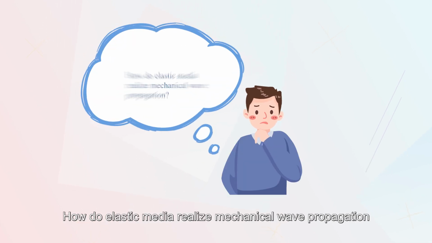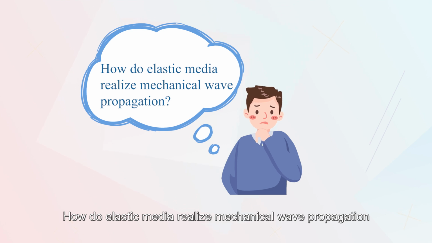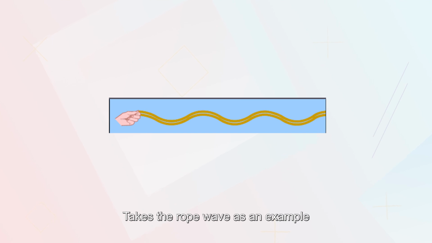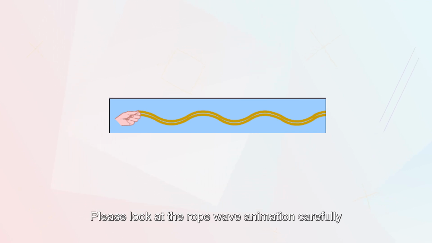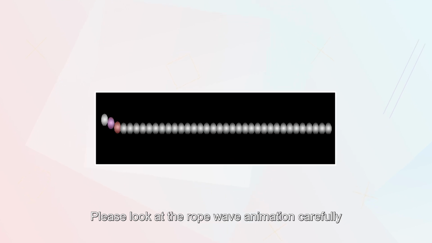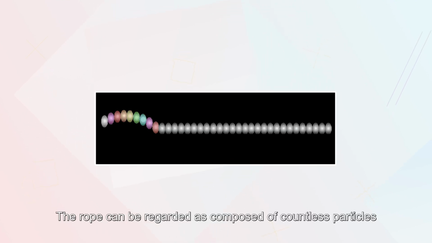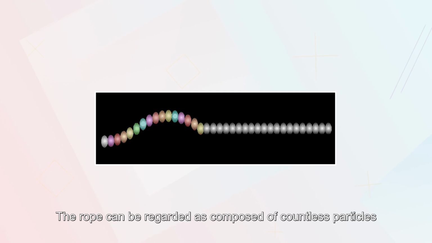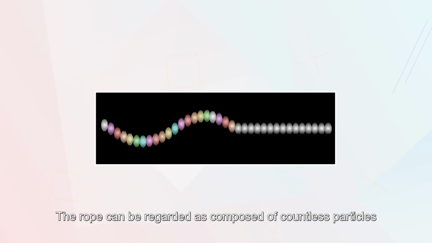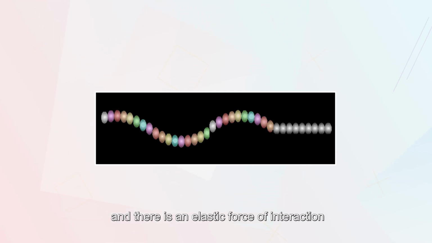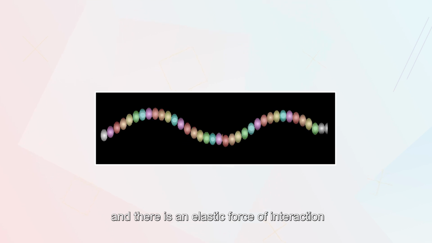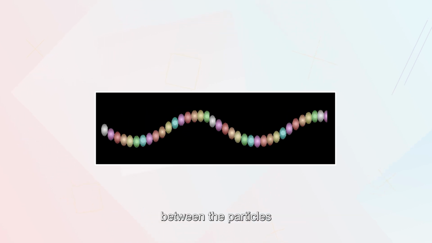How do elastic media realize mechanical wave propagation? Take the rope wave as an example. Please look at the rope wave animation carefully. The rope can be regarded as composed of countless particles, and there is an elastic force of interaction between the particles.